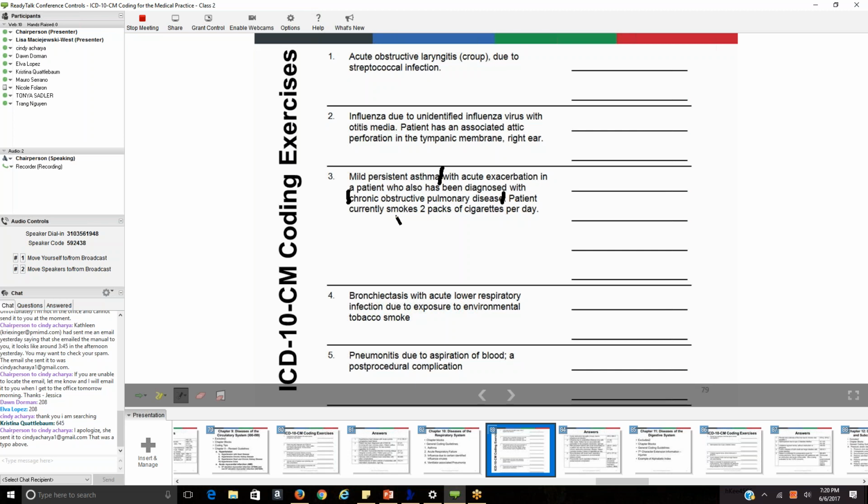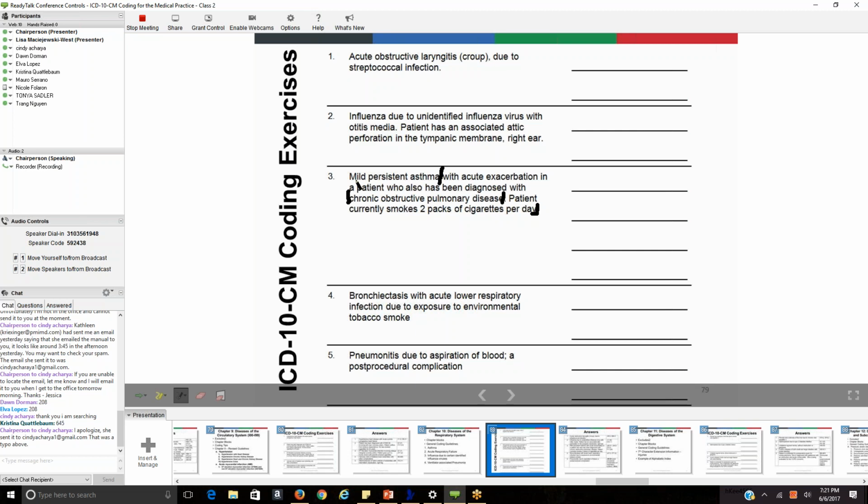And we have the patient smokes 2 packs of cigarettes per day. So that's going to be our Z code. And within this code, we're also going to be looking at the history of tobacco use, which is the F code. So the smoking code is probably going to be referenced twice.